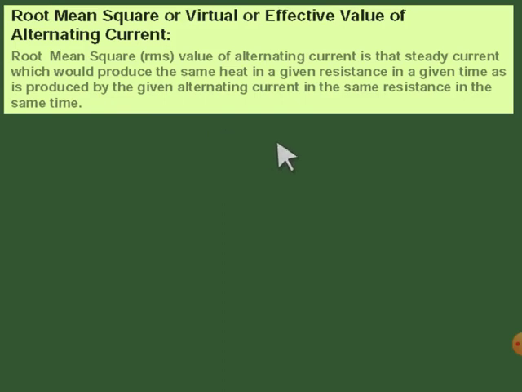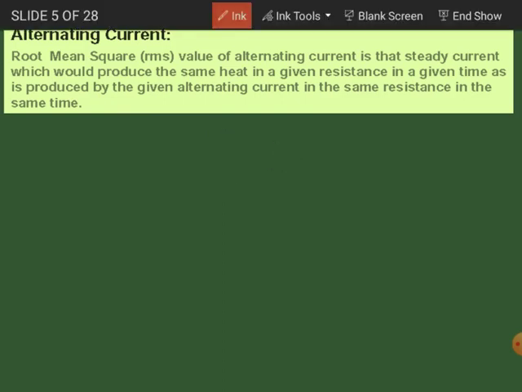Suppose you have a circuit having a resistance. Let's take it that this is your AC source, and this is a resistance. In this circuit you send AC current for a time, let's take it as T, the time period of AC.